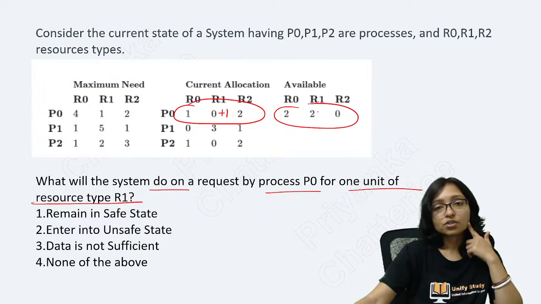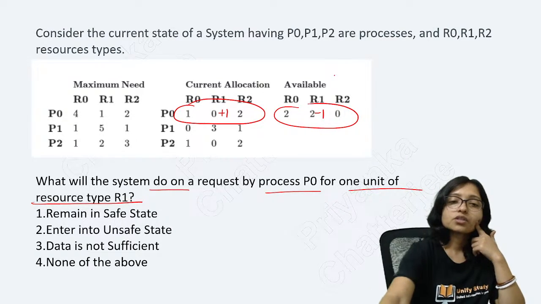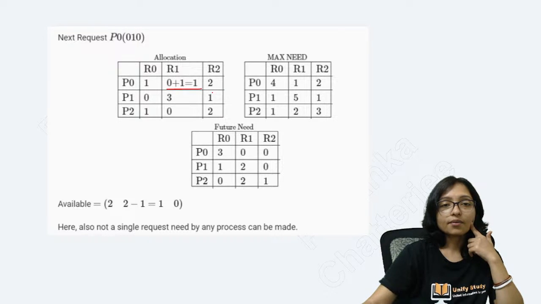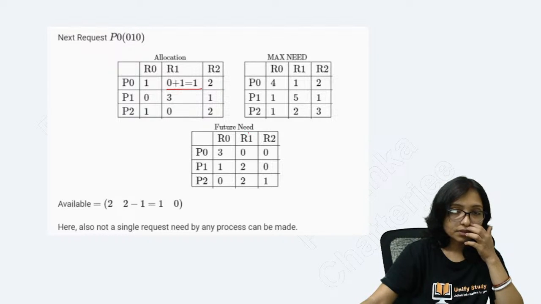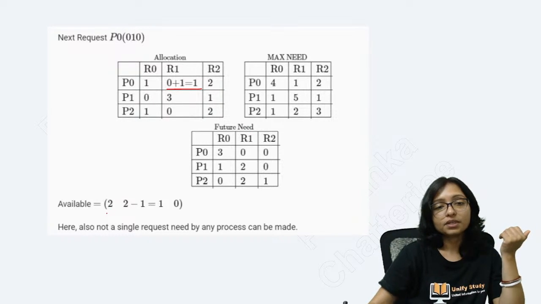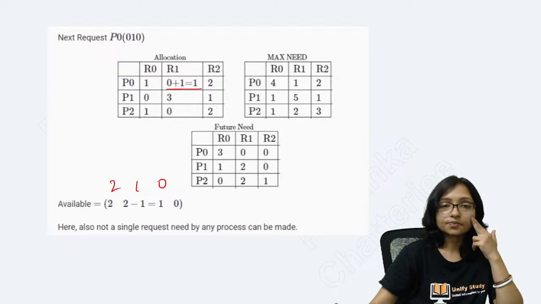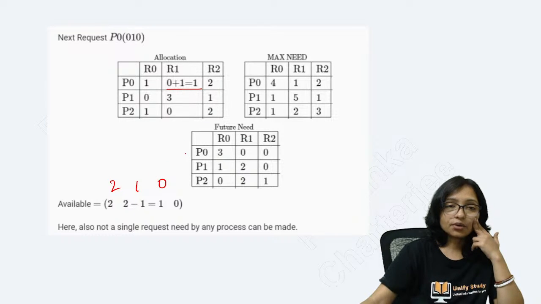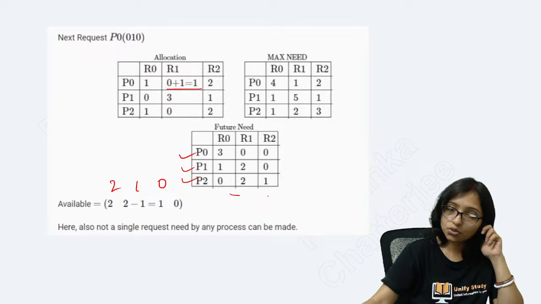So here I will do the minus. I am adding here, and from the availability, now it is 2, 1 and 0. Future need, you can see that this is 3, 0, 0, 1, 2, 0 and 0, 2, 1.